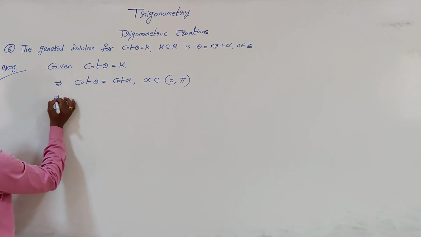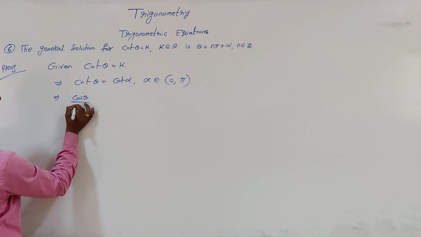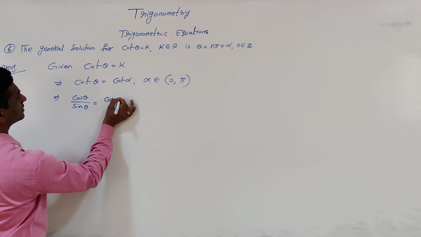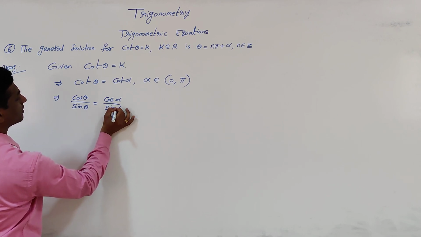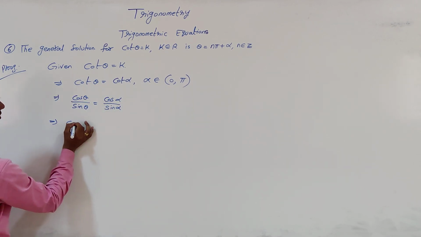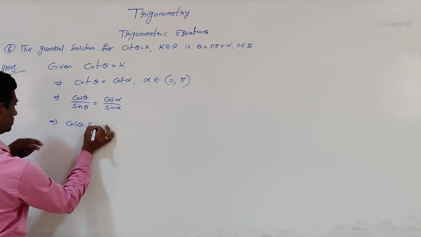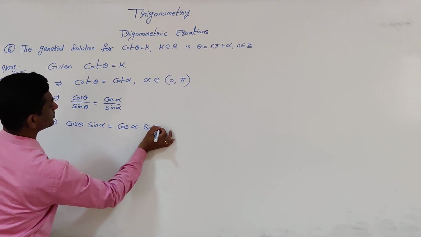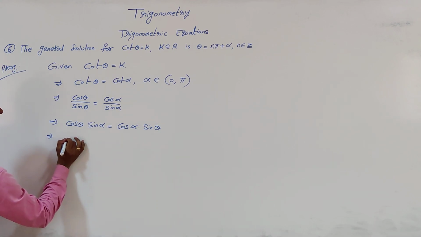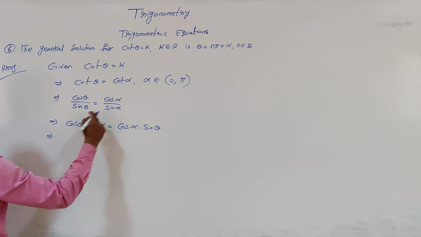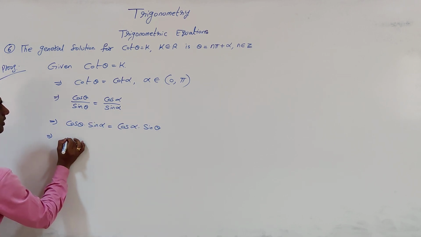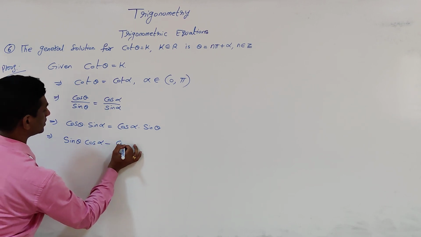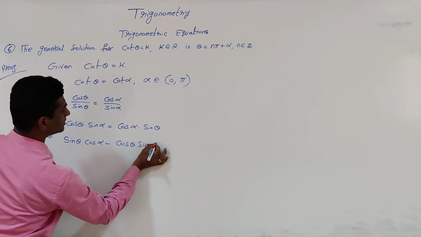So cot theta means cos theta by sin theta is equal to cot alpha, cos alpha by sin alpha. Take the cross product: cos theta into sin alpha is equal to cos alpha into sin theta. So take this to the right side. What happens? Sin theta cos alpha minus cos theta into sin alpha is equal to 0.